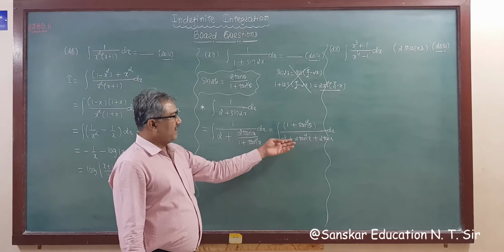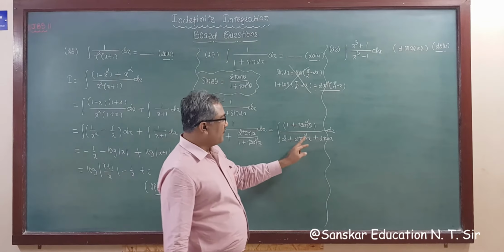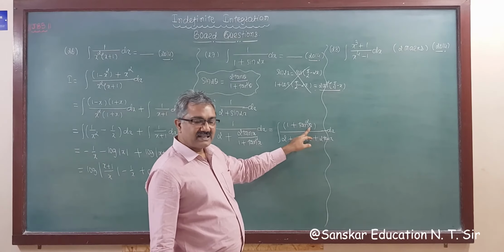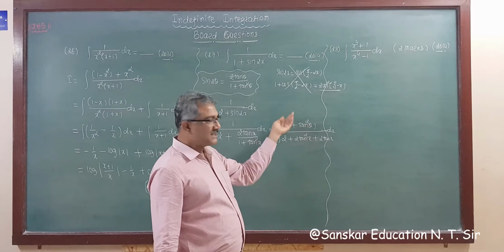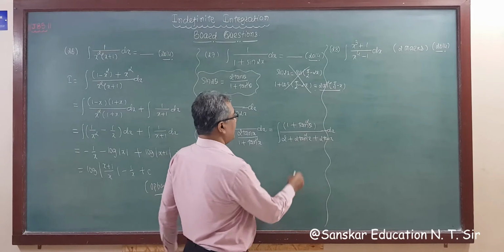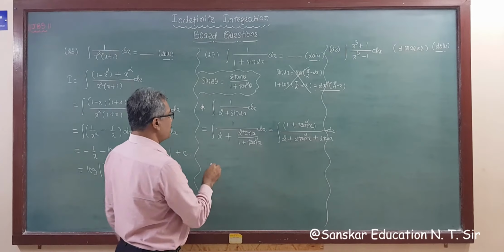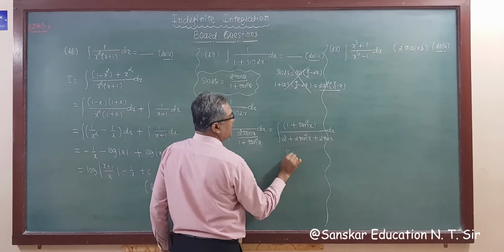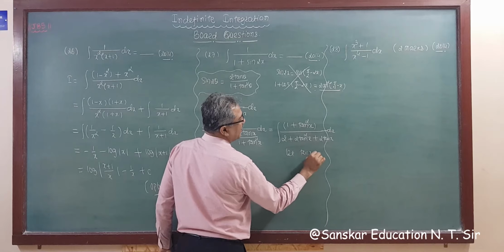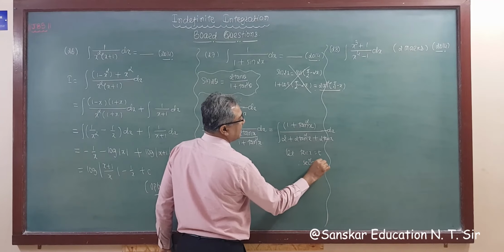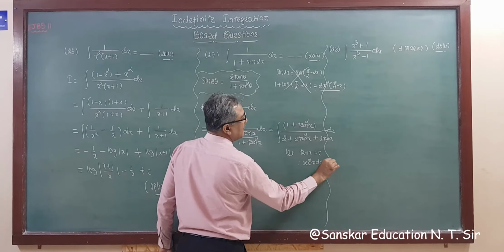So now if we assume tan x is equal to t, then 1 plus tan square x is sec square x, and the derivative of tan x is sec square x, so you will get your answer here. So let tan x is equal to t, then sec square x dx is dt.